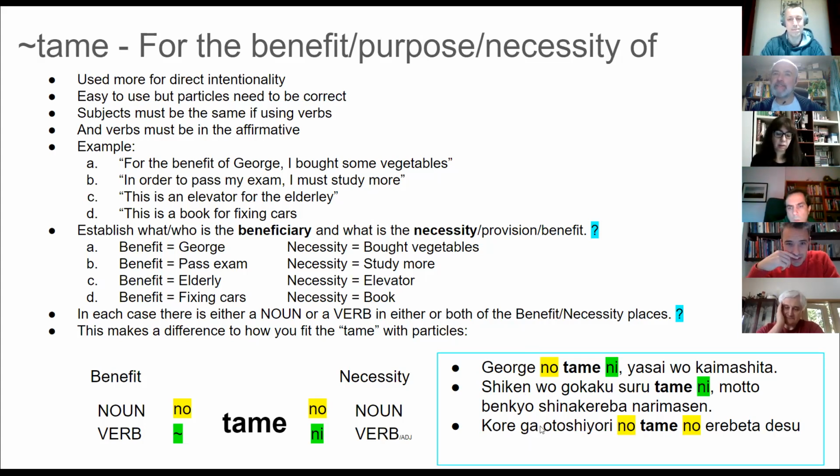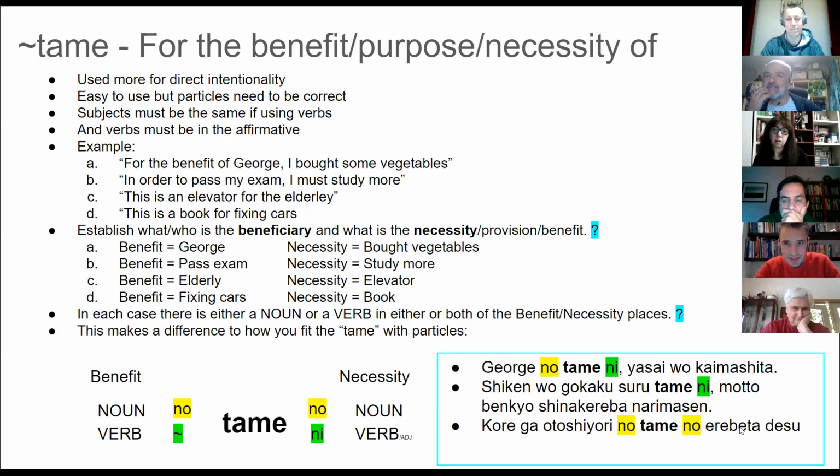Yeah, so really there's a kind of invisible comma just here, but you're right, this could also be written as toshiyori no tame no... no, you need to announce this. No, you can't. Toshiyori no tame ni kore ga erabeta desu.